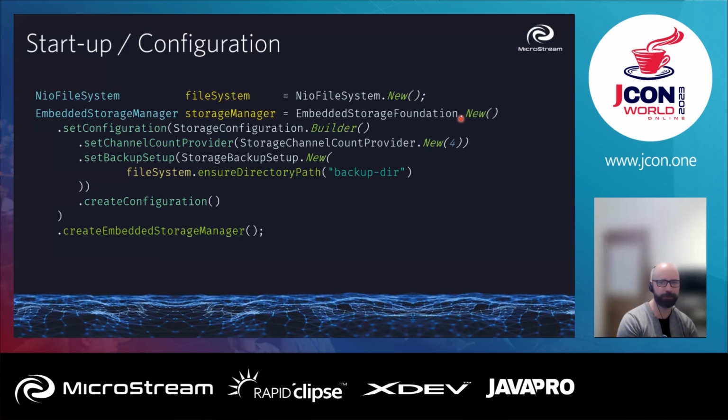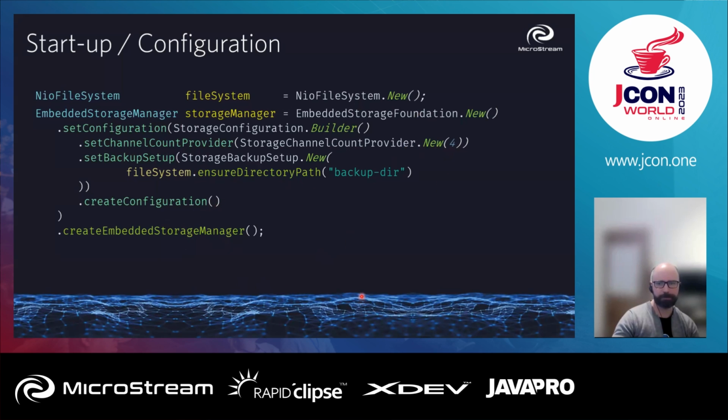The library is strictly interface based, so every single aspect of the engine can be customized and exchanged with the embedded storage foundation. So you can inject a new channel count provider with a channel counter 4, you use a different backup directory and so on.